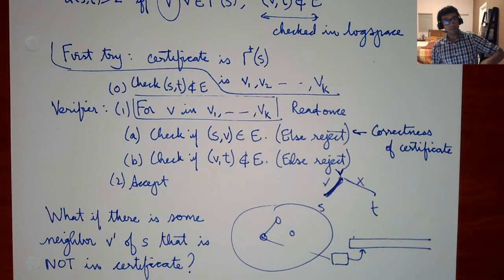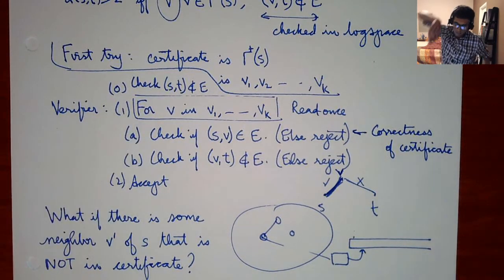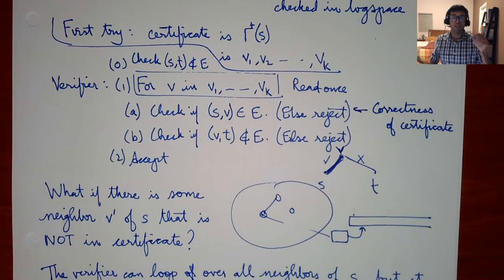Now you could say maybe the verifier could loop over all vertices. But if it loops over all vertices, the problem is it cannot go back and check whether it's in the certificate.